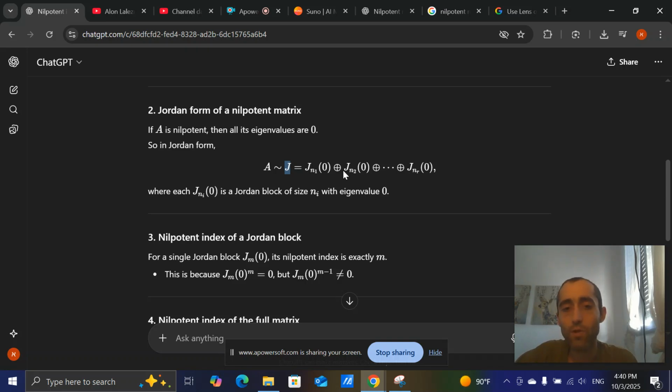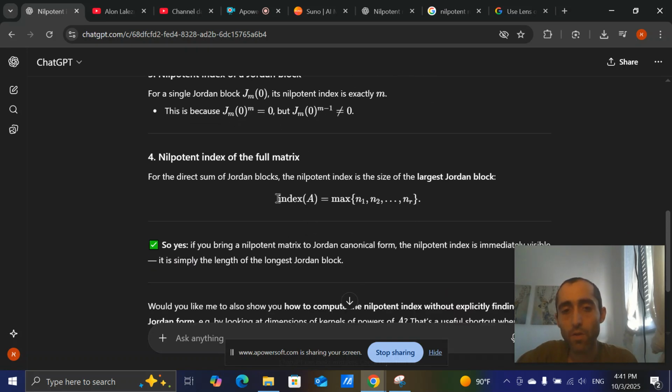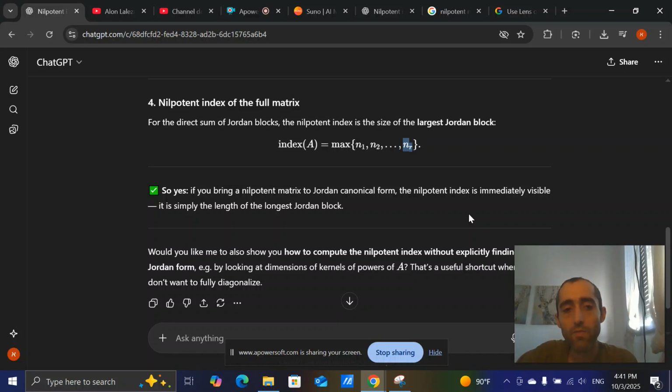When you get to the Jordan form, you very easily just look at the biggest block, and this is the nilpotent index for a nilpotent matrix. So the nilpotent index of A is just the maximum of the sizes of the blocks in the Jordan canonical form. Very immediate, very nice.